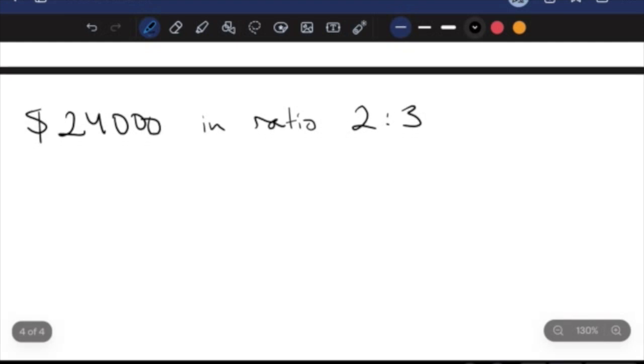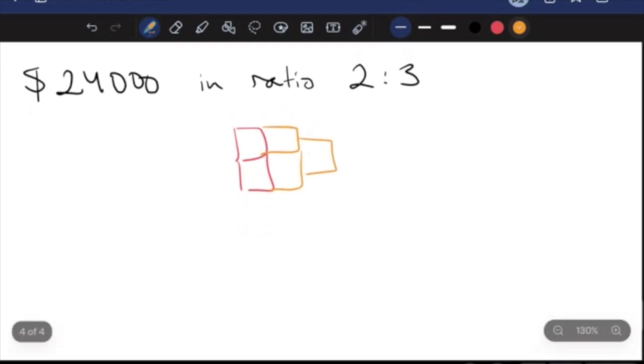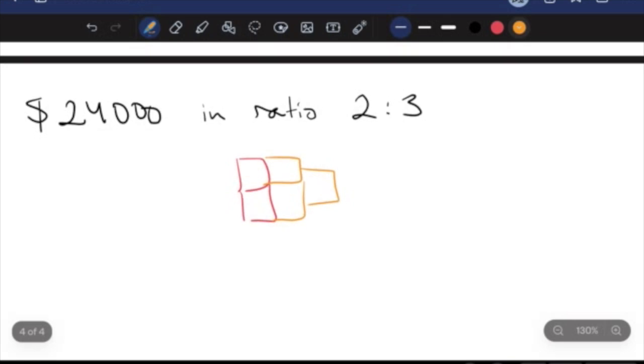Like with the previous question, if I were to draw this up, I'm representing this ratio 2 to 3 with these different colored boxes. So I've got 2 parts red, 3 parts orange.